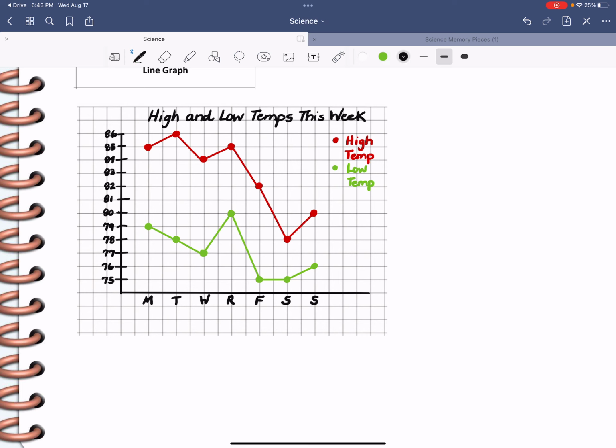Here are some questions. Let's use N. In which time frame did the low temperature remain constant?